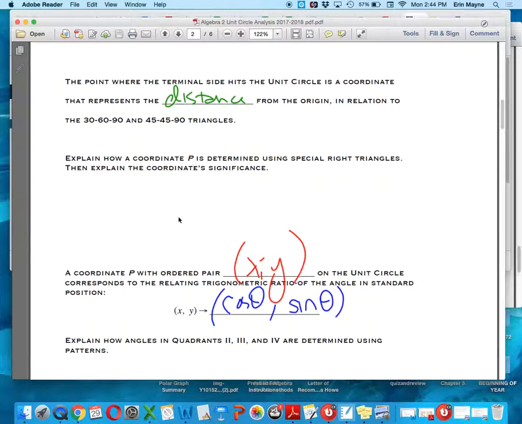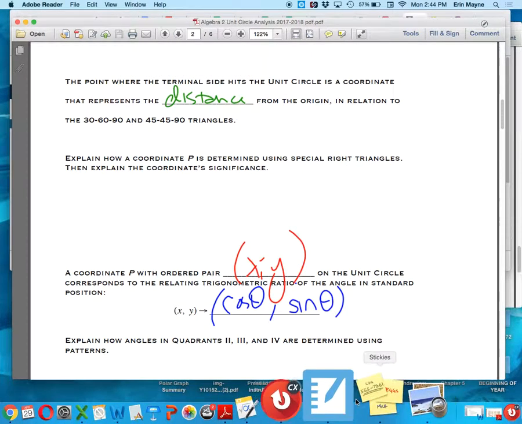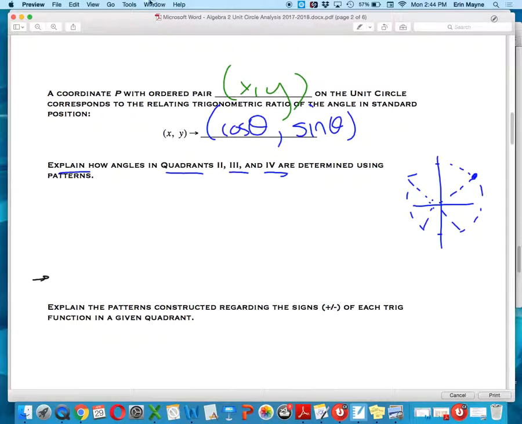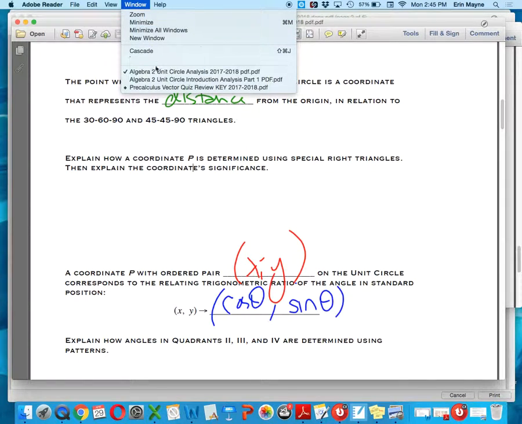We're going to keep that out, but I want you to now look at the last page from our previous packet, the one we were just looking at a minute ago.